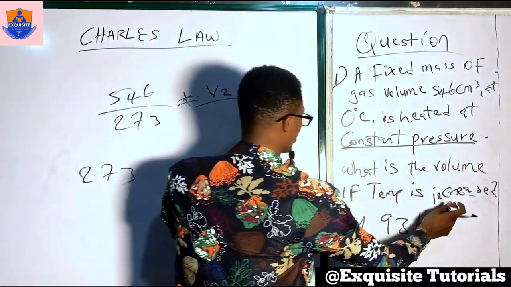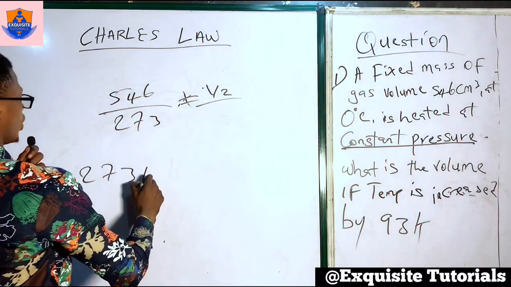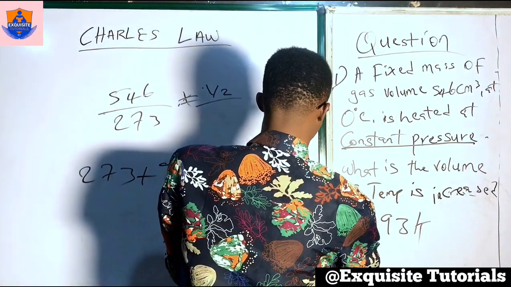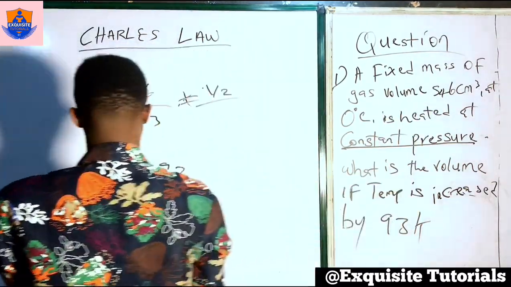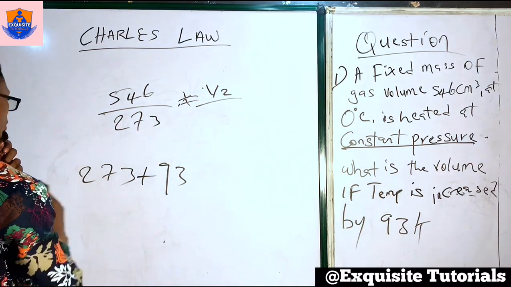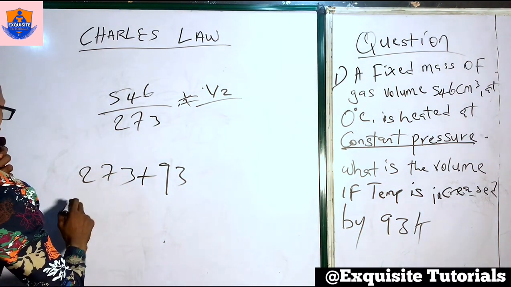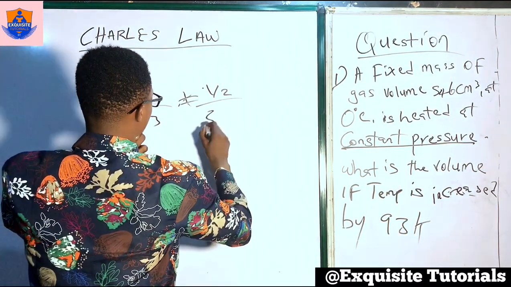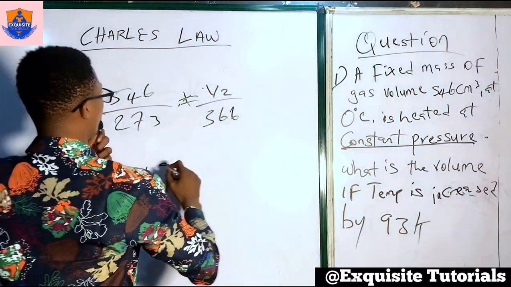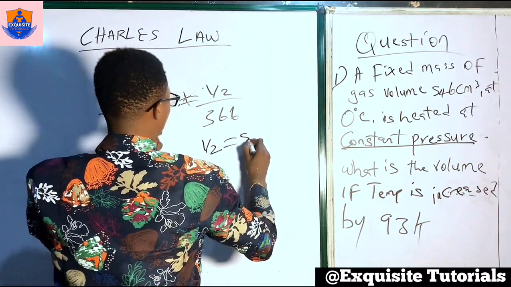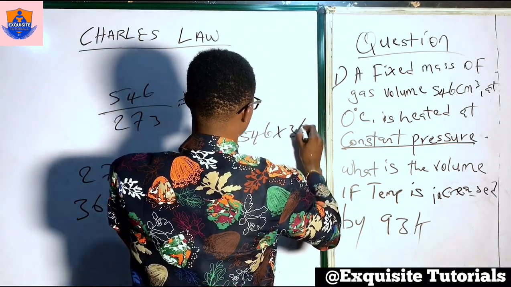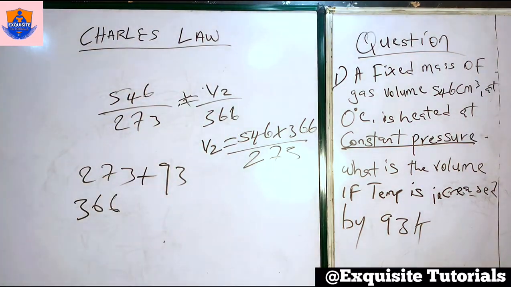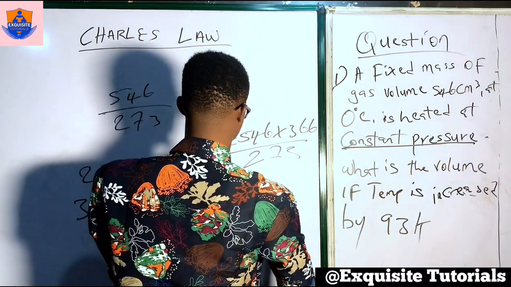Now we said the temperature is increased by 93 Kelvin, which means you add 93 to the first temperature. So 273 plus 93 gives 366, which means our T2 is equal to 366. Therefore V2 will be equal to 546 times 366 over 273, which means V2 is equal to 732.